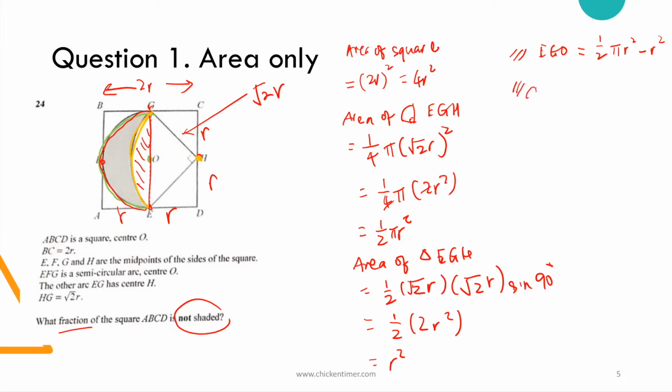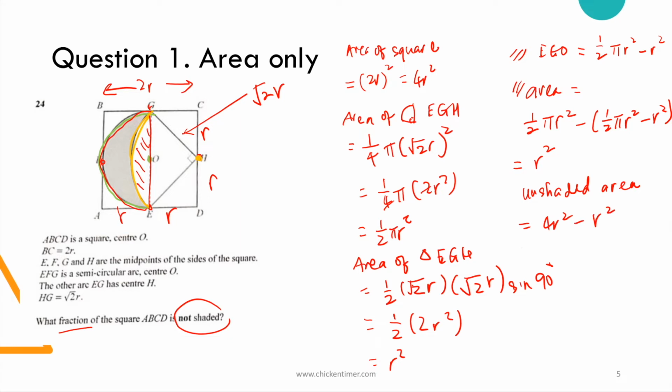Then the shaded area in the diagram will be the area of the semicircle, which is half pi r squared, minus r squared. So the unshaded area will be 4r squared minus r squared, which equals 3r squared. So the fraction will be 3r squared over the total 4r squared, which equals 3/4.